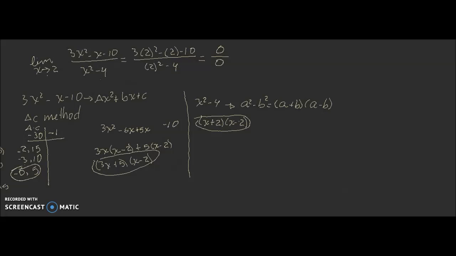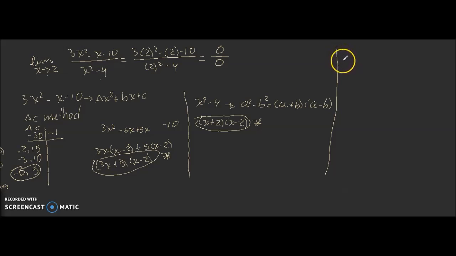So let me take my two expressions here. Let me take this one and this one. So remember, draw a line here. Let me just copy it and then move over.